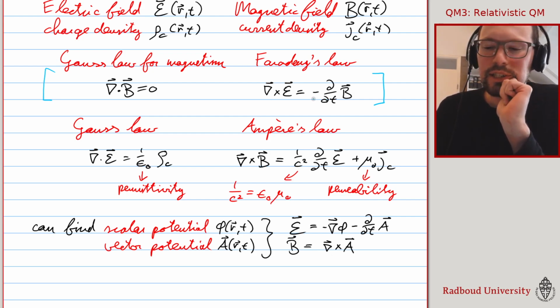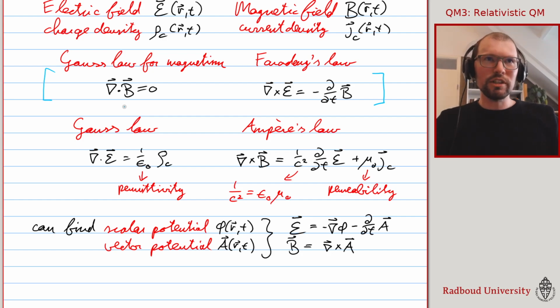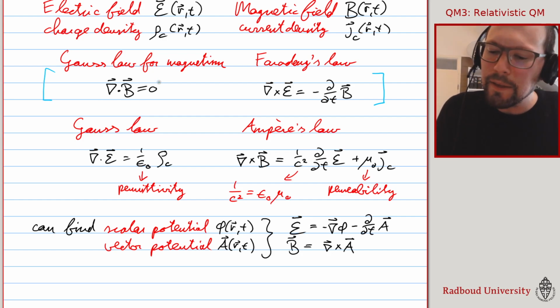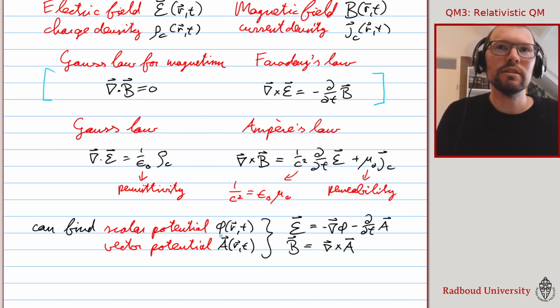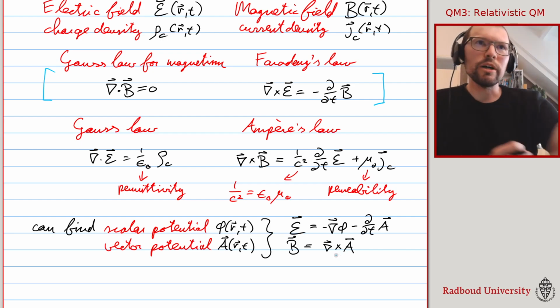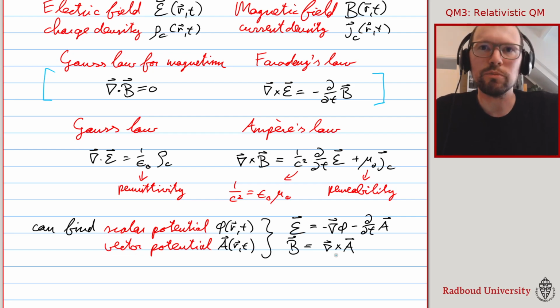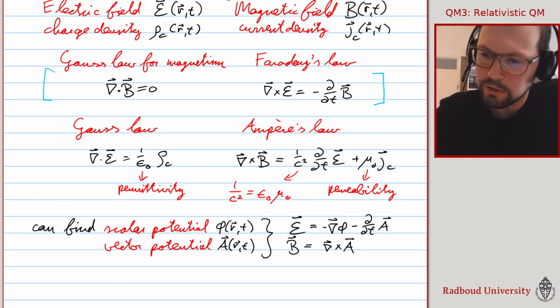Conversely, if we're on a simply connected domain, say the whole four-dimensional space, or three-dimensional space plus time, then if you have a magnetic and electric field satisfying these equations, you can always find a scalar potential and a vector potential such that this expression holds. So that is nice, and that's why it's much more convenient to work with these potentials instead of with the fields directly. Okay, so let me just write this down.